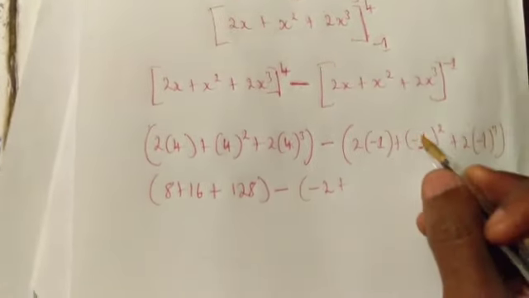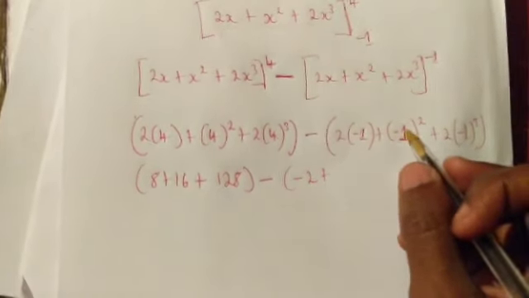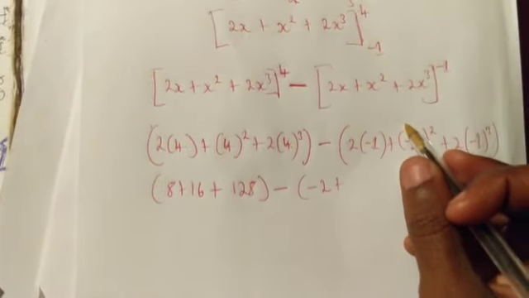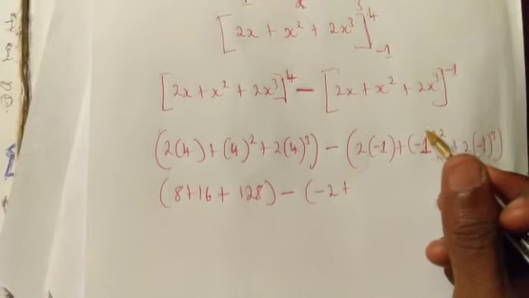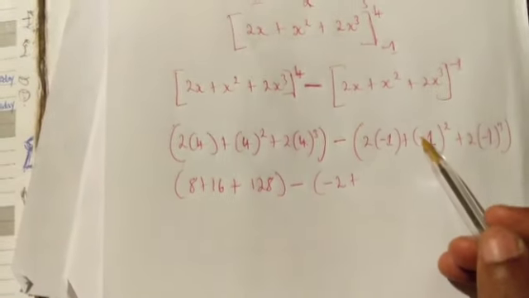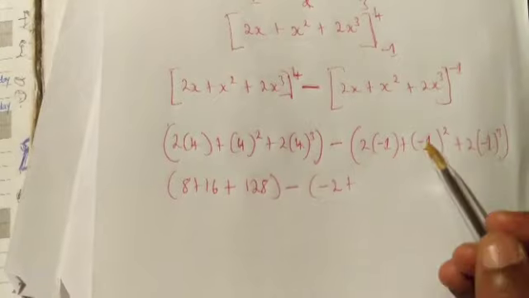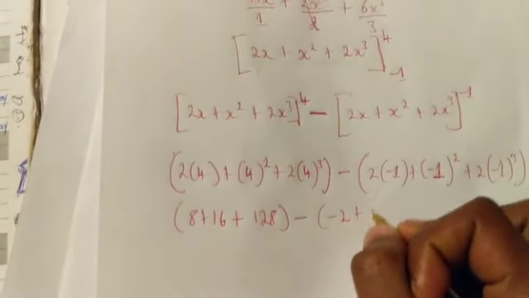Then here it will be plus. Why? Because here you first have to expand what is inside. Here it means -1 times -1, and we're going to get positive 1, because negative times negative is positive. Then 1 times 1 gives us 1 here.